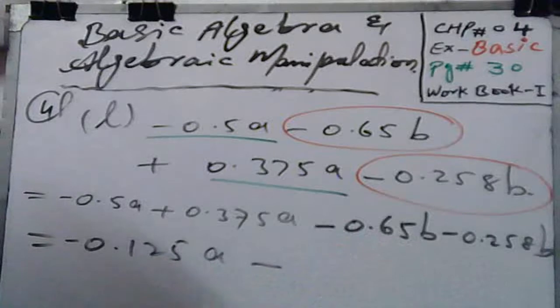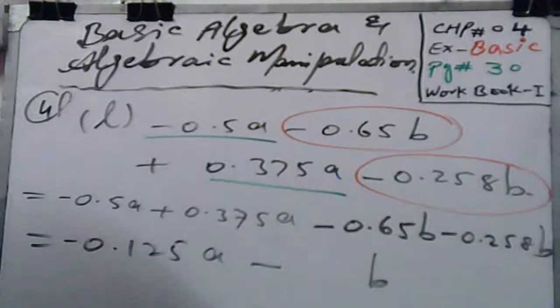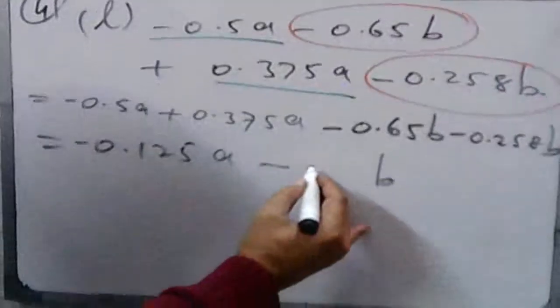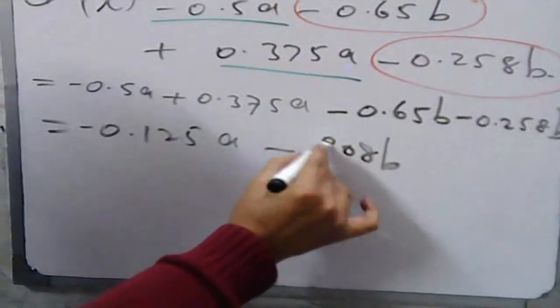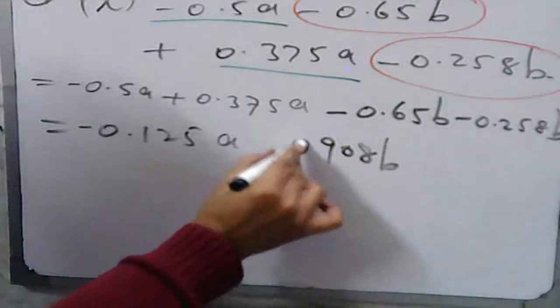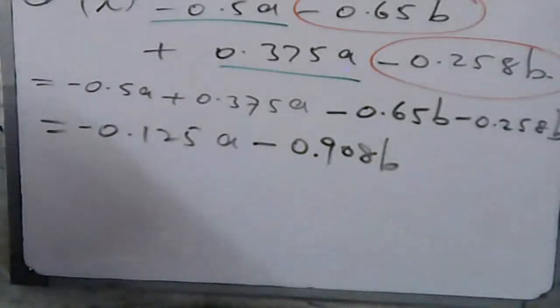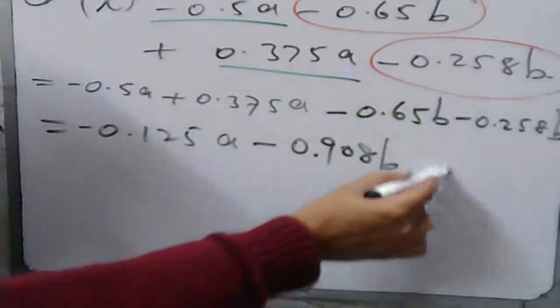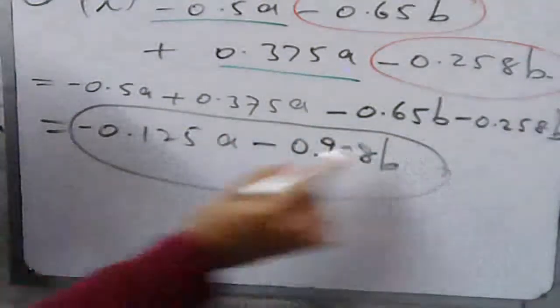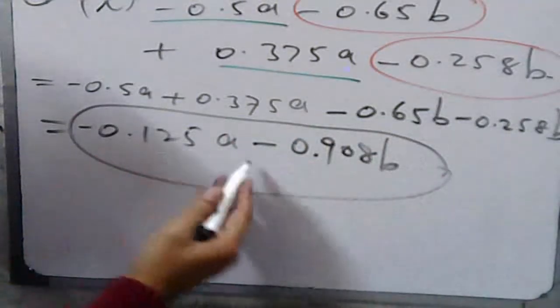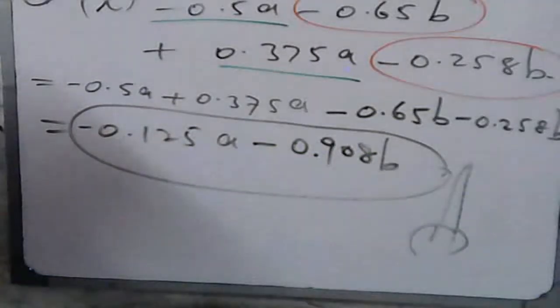Similarly minus minus should be plus, so you get 0.65 plus 0.258, that is 0.908b. So that is your required result, because a and b cannot be subtracted, so that is your required result.